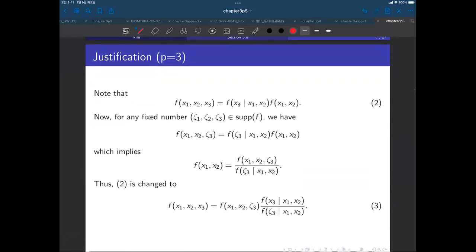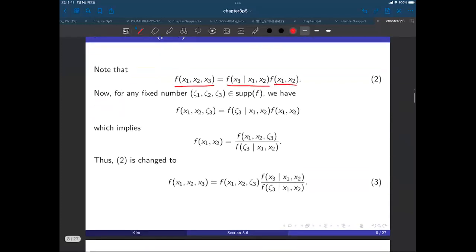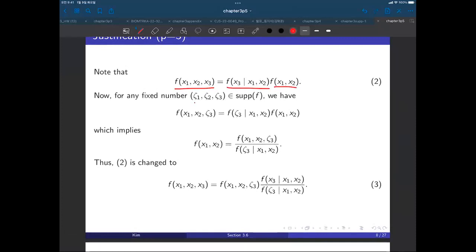So the justification for P is probably not really difficult. We just use some basic probability algebra. Here, the joint density is a conditional density times marginal, right? That's no problem. Now, for any point, here x1, x2, x3 are random variables.